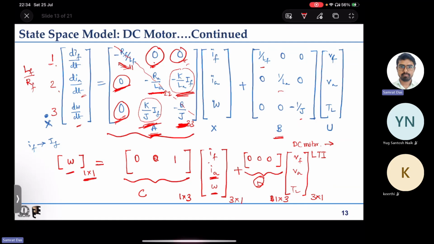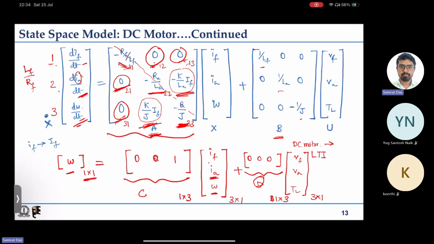There is no cross coupling between field and armature, so the elements 1 2 and 2 1 are both 0. There is no cross coupling between field and speed, the mechanical, so the elements 1 3 and 3 1 are 0. But there is some cross coupling between the armature and speed, since the effect of armature current comes as electromagnetic torque in the mechanical subsystem.